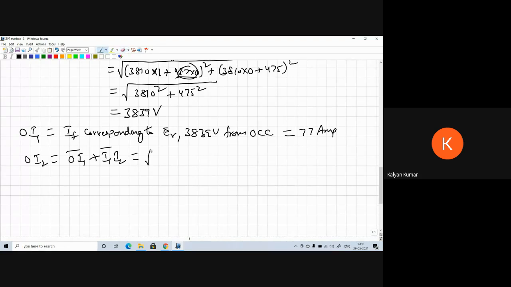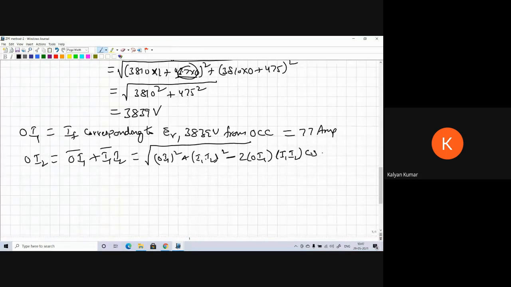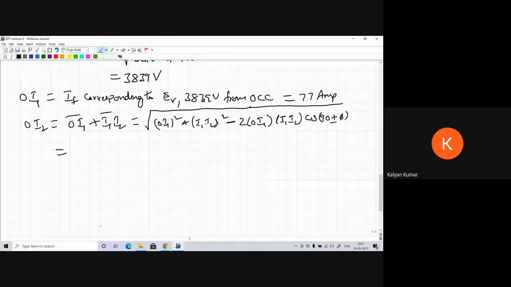Take it like the MMF method. OI2 equals the square root of OI1 square plus I1 I2 whole square minus 2 OI1 into I1 I2 cos of (90 plus or minus 5). Plus is for the lagging case, minus is for the leading case.